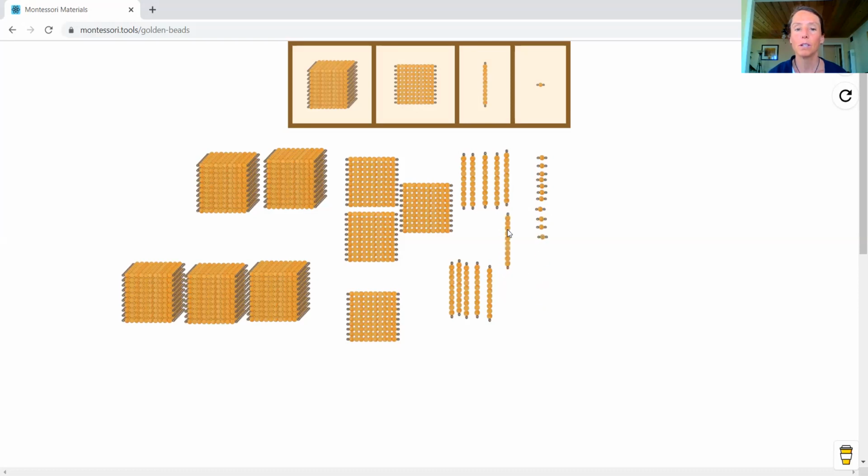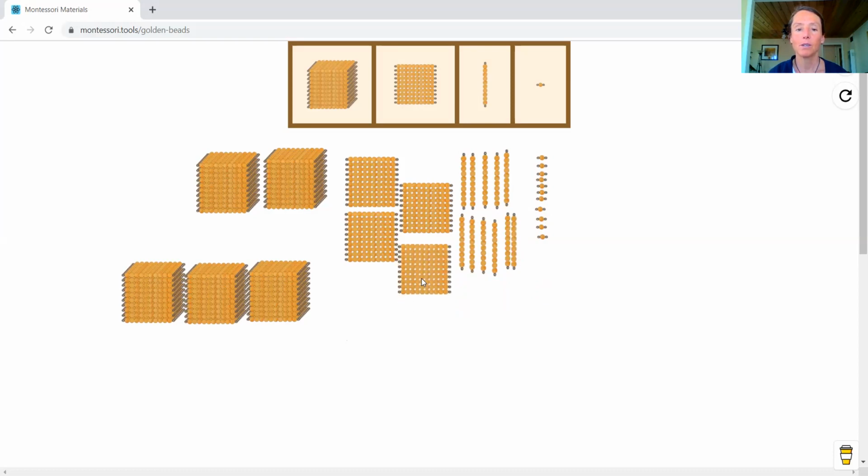That is what our addition is doing, bringing them together here. And we'll come back and see how to get to our actual answer.